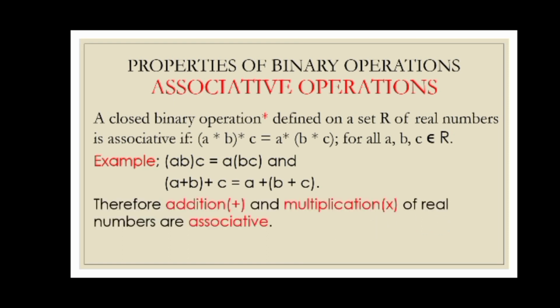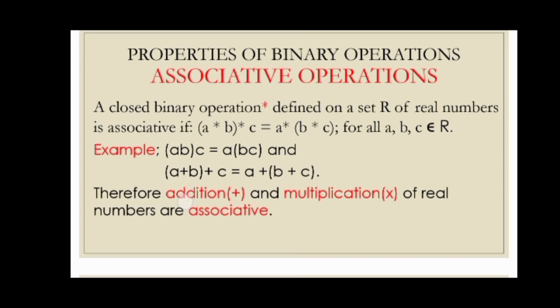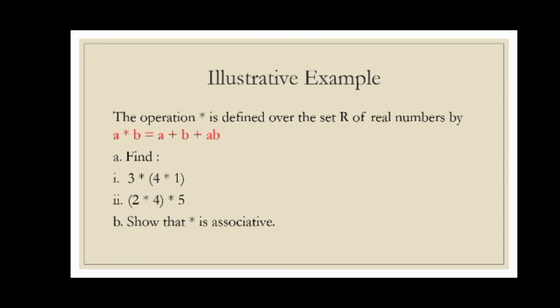We can see that addition and multiplication of real numbers fall under associative. Please kindly note the signs, the simple operations in mathematics. So let's take this first illustrative example.